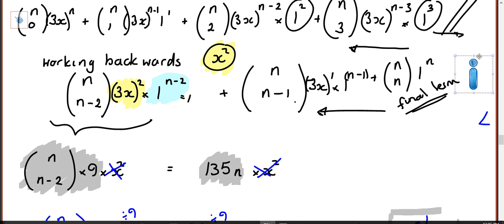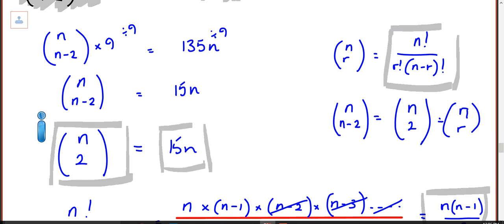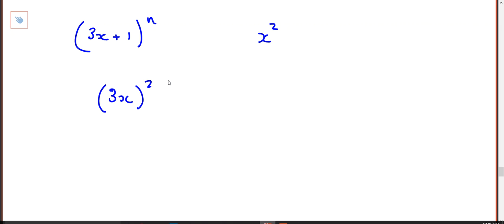at this stage here, let me talk you through. When it said in the question we've got 3x plus 1 to the power of n, and I'm asked for an x squared term, because I understand fully, I hope, what I thought was this. Well, I know I'm going to have a 3x squared.